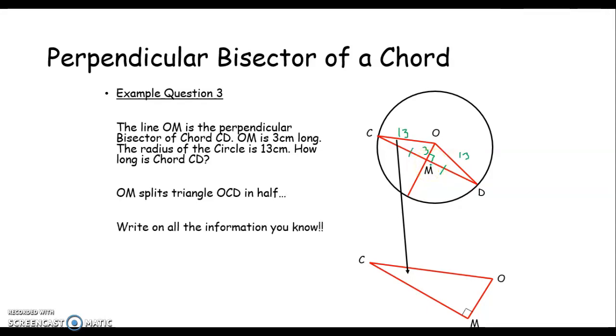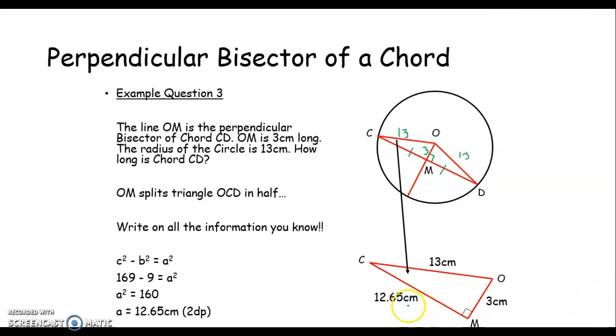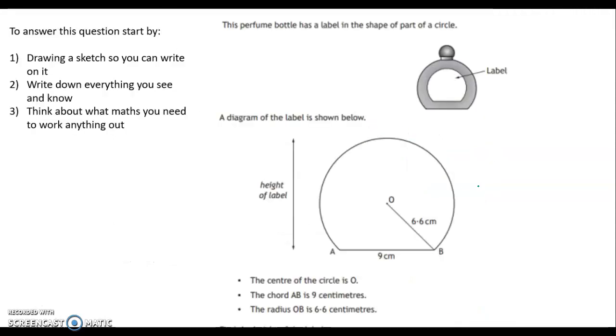So we'll write down all the information we know. We know CO is 13 centimeters. We know OM was 3 centimeters, but we don't know CM. Using Pythagoras' theorem, we can get our missing length to be 12.65. However, that is only CM, and we wanted to find the length of the whole chord CD.